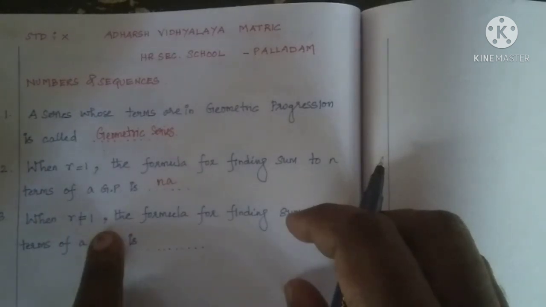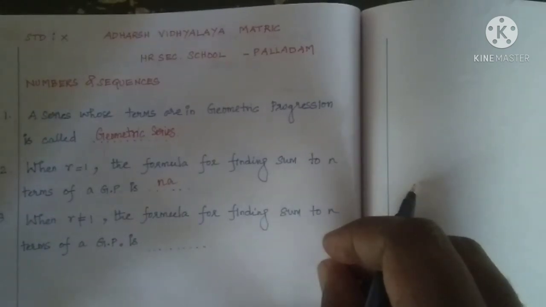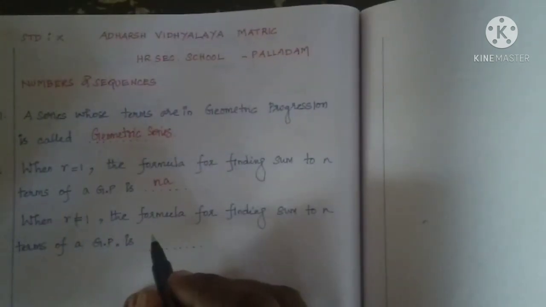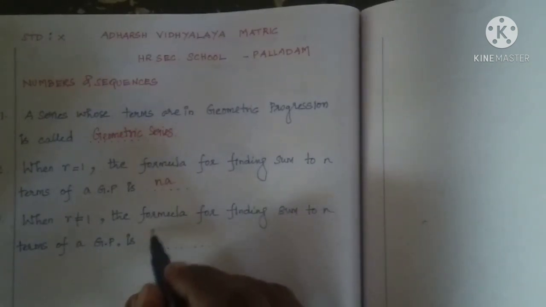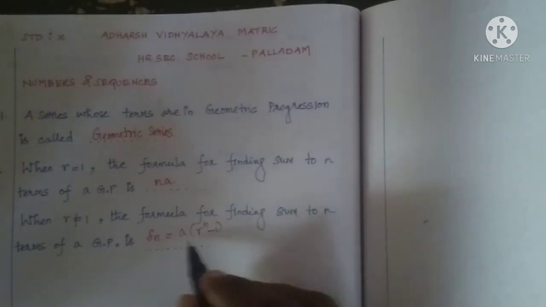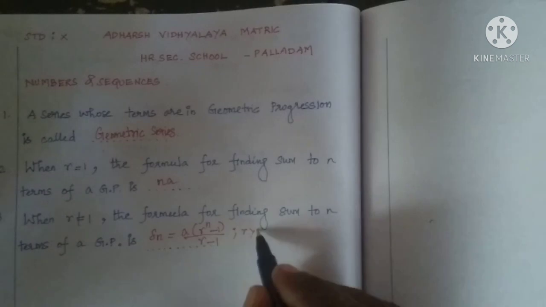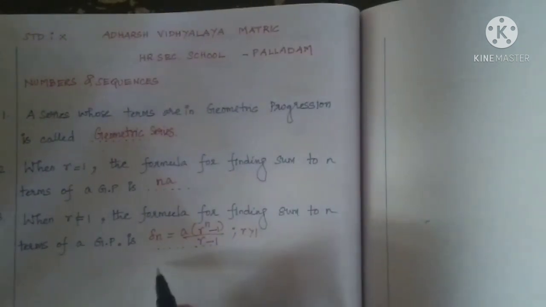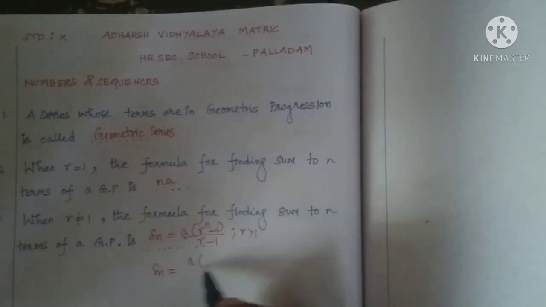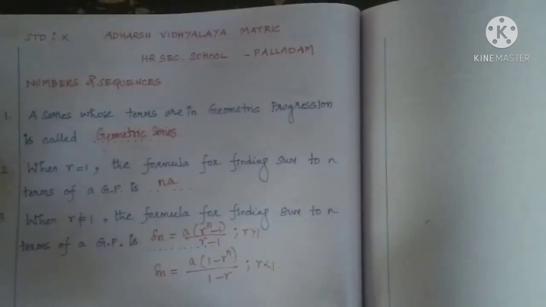Next, when r is not equal to 1, we have two formulas. Sn is equal to a(r^n minus 1) divided by (r minus 1) when r is greater than 1. If r is less than 1, Sn is equal to a(1 minus r^n) divided by (1 minus r).